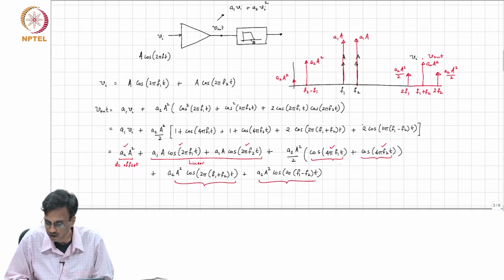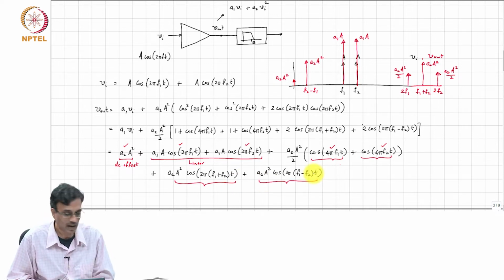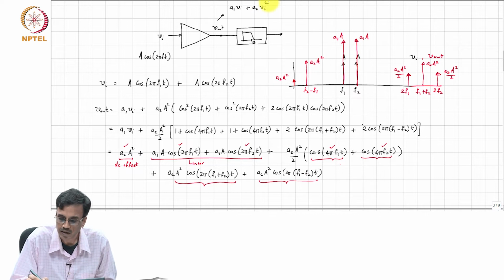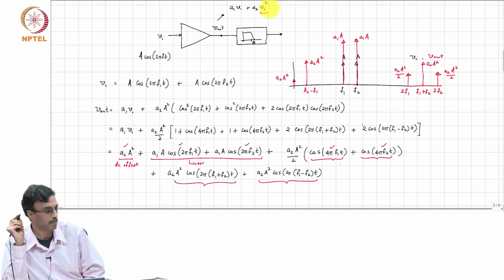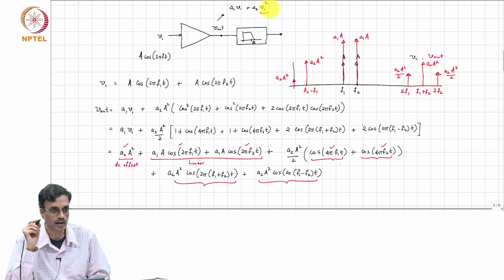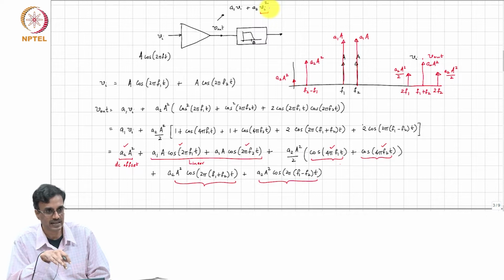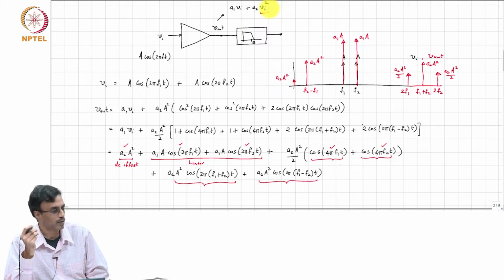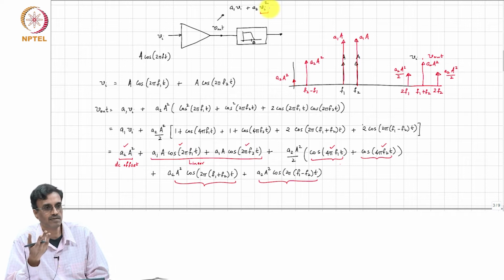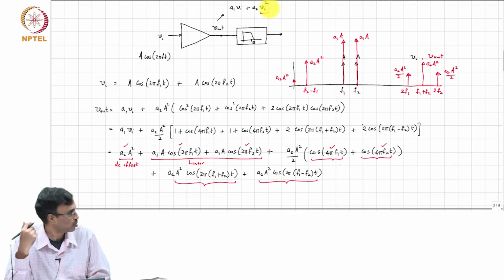So, what is happening is that the Vi square term, remember, is the root cause for all these tones, where the input is getting multiplied with itself. Of course, when F1 gets multiplied with itself, you get 2 F1, and when F2 gets multiplied with itself, you get 2 F2.